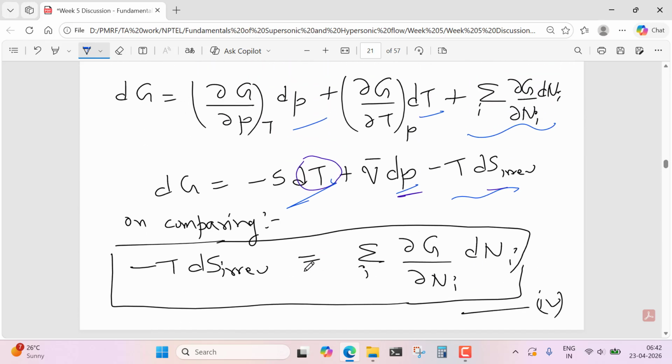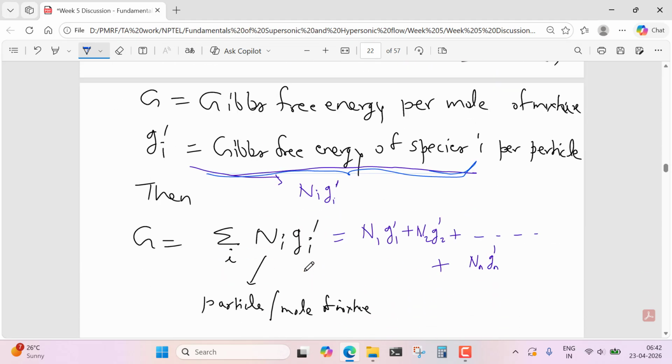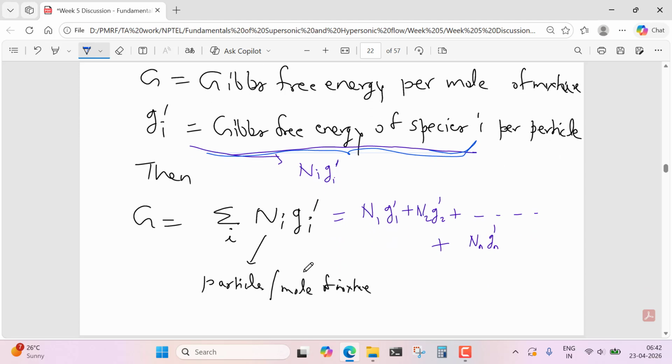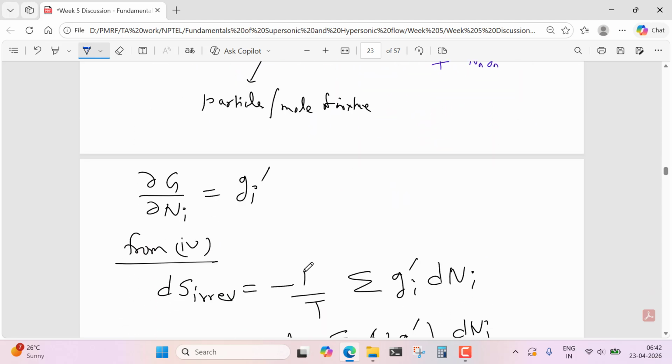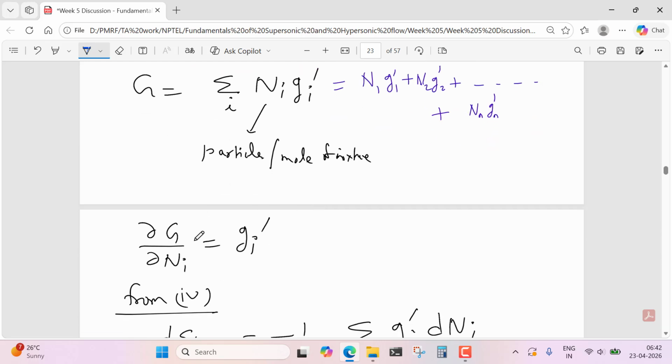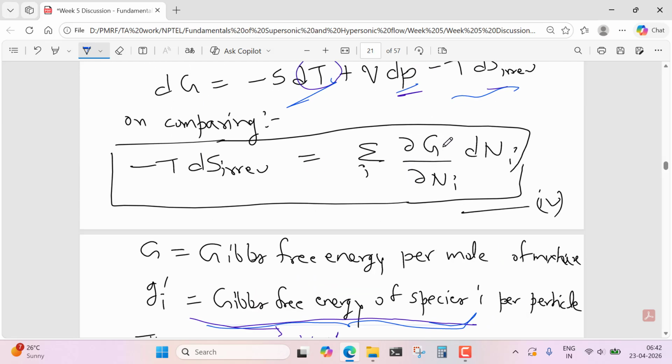So if we take the derivative of this with respect to Ni, we will get Gi dash. So dou G upon dou Ni is equal to Gi dash.